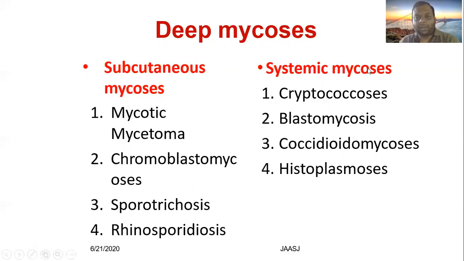About systemic mycosis, there are examples: cryptococcosis, blastomycosis, coccidioidomycosis, histoplasmosis, likewise. So classification is always superficial, cutaneous, subcutaneous, and deep or systemic.